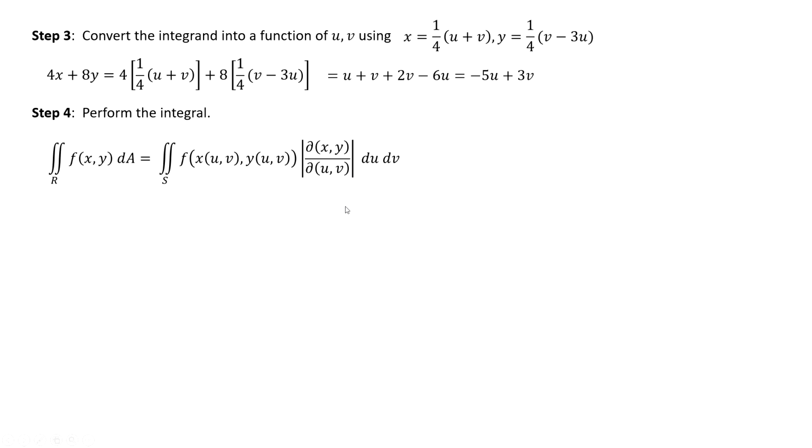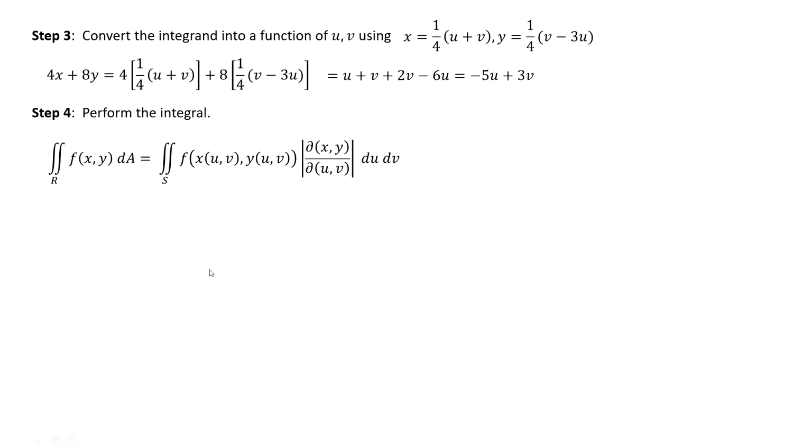This is not determinant. Why do you say that? Because is the stuff inside a matrix? No, it's not a matrix. Is partial x y over partial u v a matrix? No, it's just over this. So that means I must mean absolute value here. Now, the slightly confusing part of it, I agree, is this thing itself is actually a determinant, right?